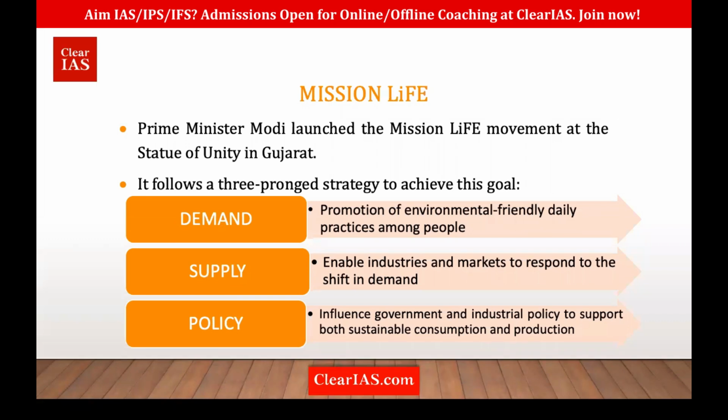And by supplying more, the government is also enabling policy frameworks to emphasize more on eco-friendly or environmentally friendly goods production. Clear? So through policy measures, it means that the government would be giving subsidies, or giving tax exemptions to those companies which produce eco-friendly goods. Okay, clear? So that is Mission LiFE.